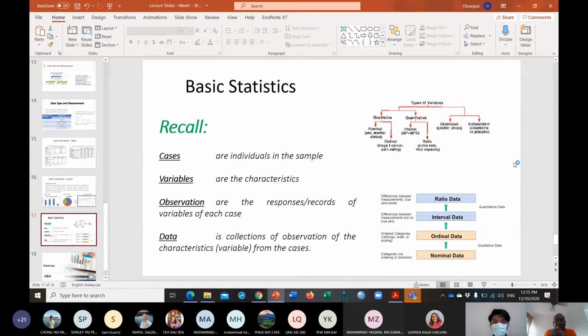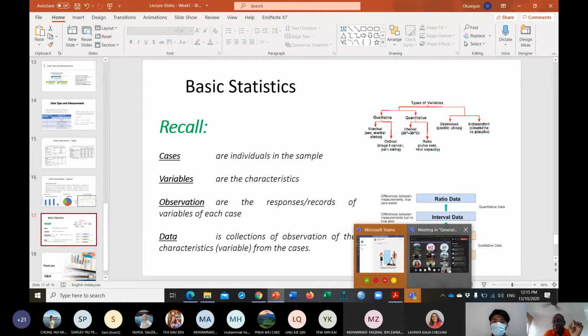When we talk about variables, variables are characteristics of the cases. For example, if I say each student is a case, what are the variables? Let's put that in the context of our discussion now.